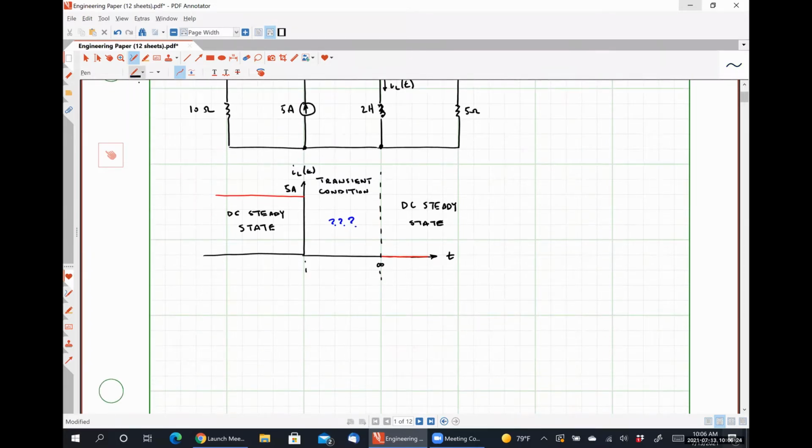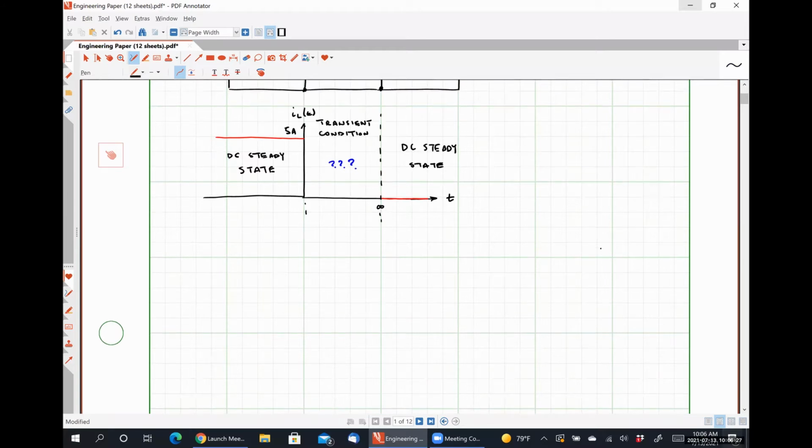I'm going to redraw this original circuit that we're looking at, but we're going to look at things from a very generic perspective that we can then apply to literally any other circuit containing a resistor connected to an inductor. Here's an inductor. Here is a resistor.